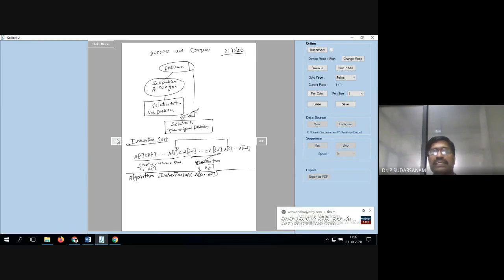We are not taking any extra arrays here. So input is A of 0 to n minus 1 elements, and the output is also the same array, A of 0 to n minus 1 elements.